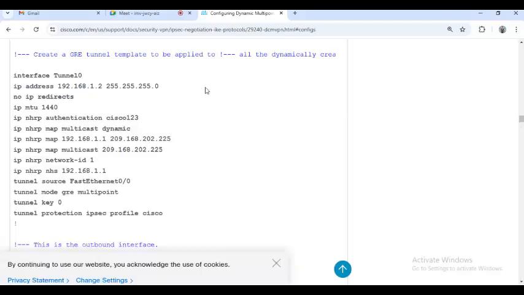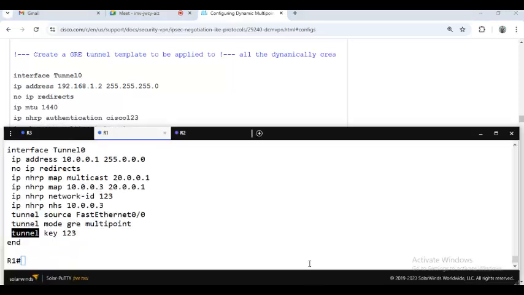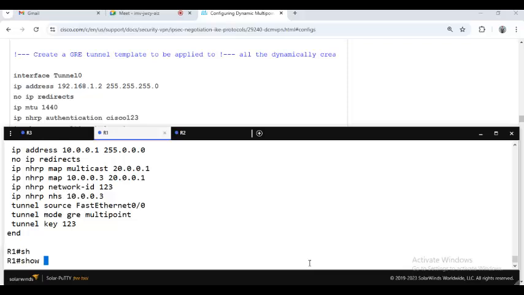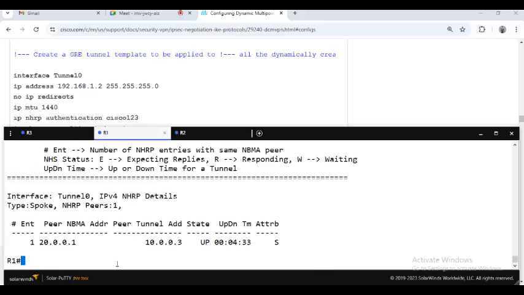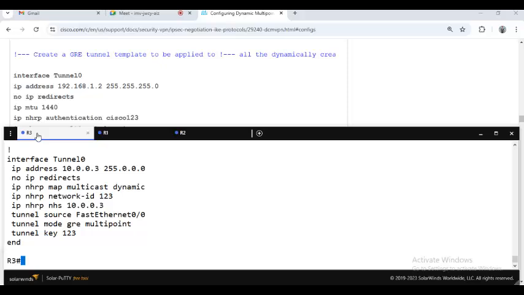And that is later. Nothing will be there. Only after communication, they dynamically learn. Here you will have show IP NHRP. Here, let's say show DMVPN. You have two. Very nice. And next is show IP NHRP.